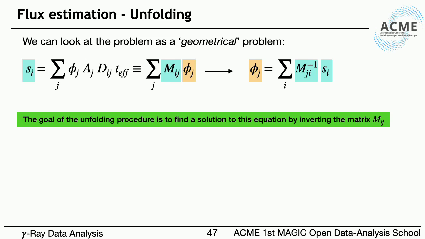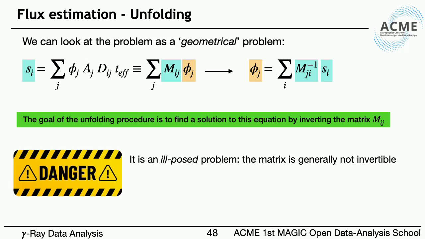So the goal of the unfolding procedure is to find a solution to this equation by inverting the matrix M_ij. Now, there is a very important problem: this inversion is ill-posed because the matrix M is not invertible. There are different reasons for it.